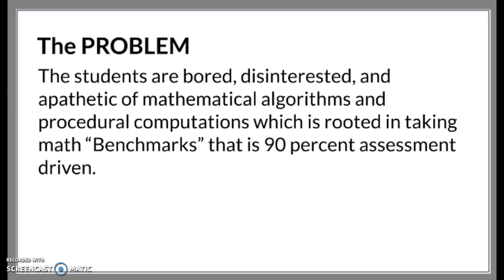The math benchmarks at our school consist of 90% summative assessments, 70% of which is just the summative quizzes, and 20% based off unit scrimmages or unit tests.